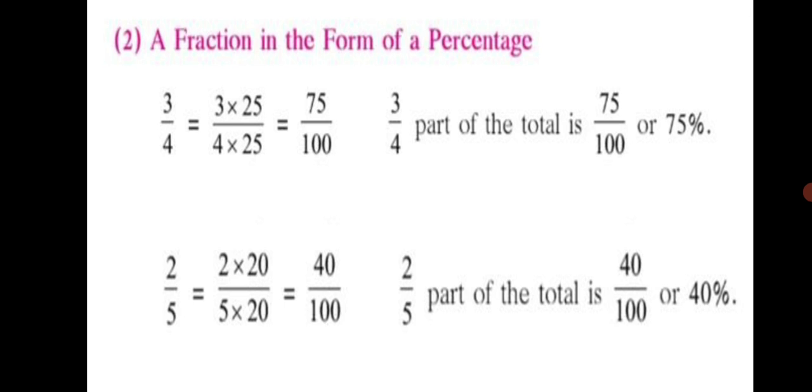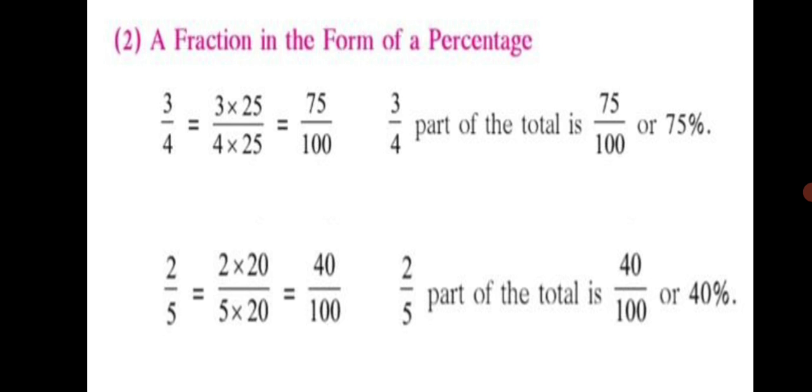We get 3 into 25 is 75 and 4 into 25 is 100. So 3 upon 4 part of the total is 75 upon 100, or 75%. Any number written as upon 100 can be written as that much percent.